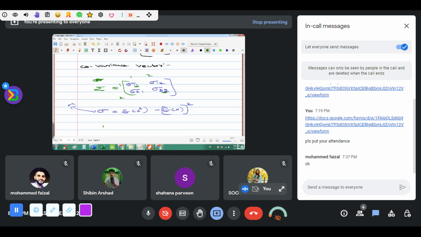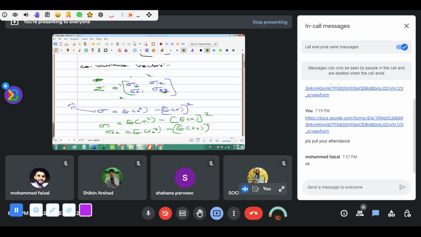So what is the concept? For sigma 1 1 and sigma 2 2, you write the formula E of x1 squared minus E of x1 the whole squared, and for sigma 2 2, E of x2 squared minus E of x2 the whole squared.